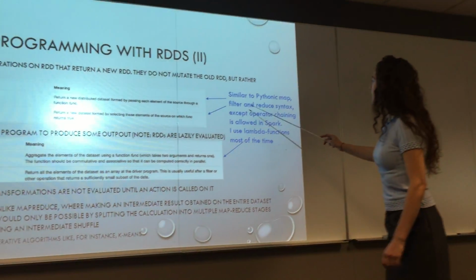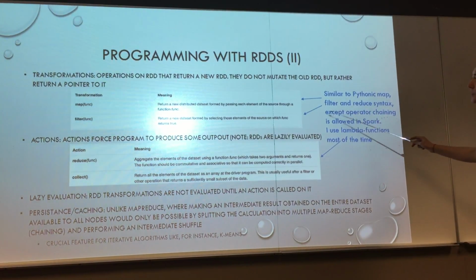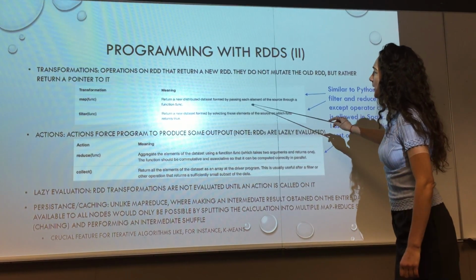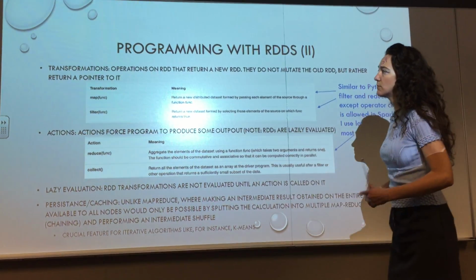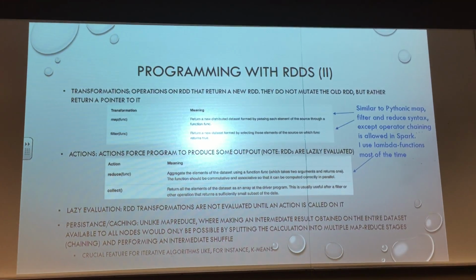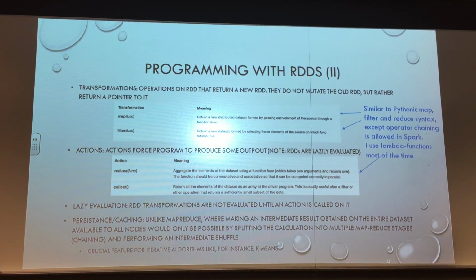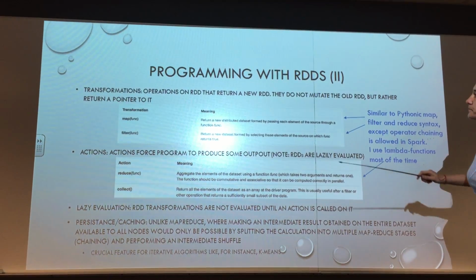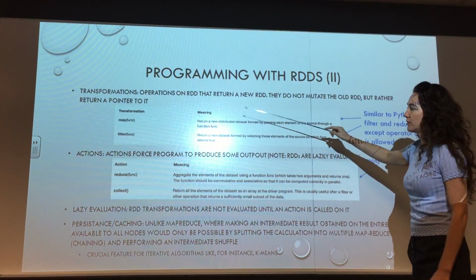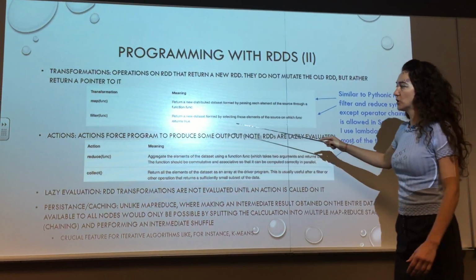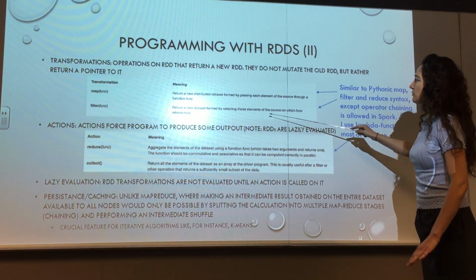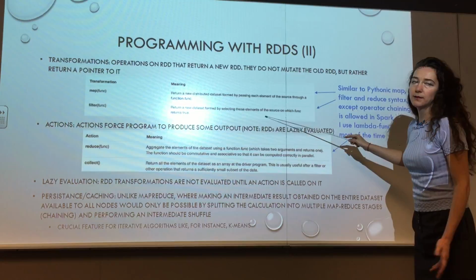An example of a transformation here is a map function. So it returns a new distributed dataset formed by passing each element of the source through some function. That would be a transformation. It's going to take the original RDD and transform it into a new version of it. And so it will return a pointer to the new version. If we run a filter, it's the same thing. It goes through the current RDD and it will look at some elements from it and create a new RDD.